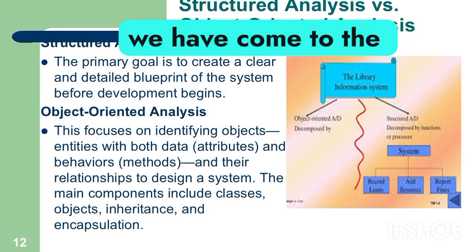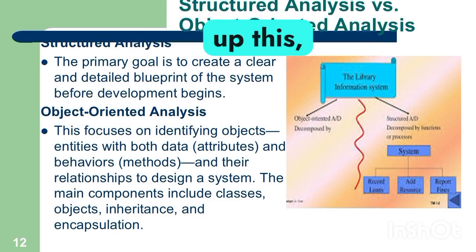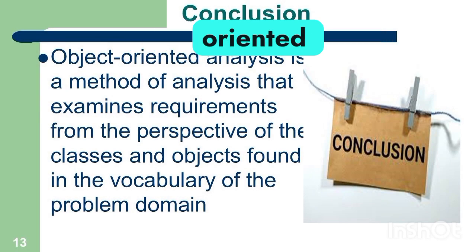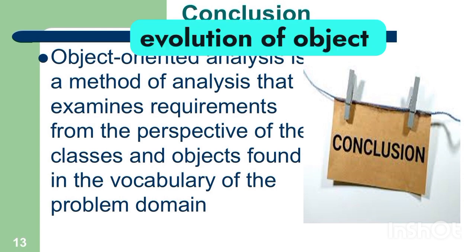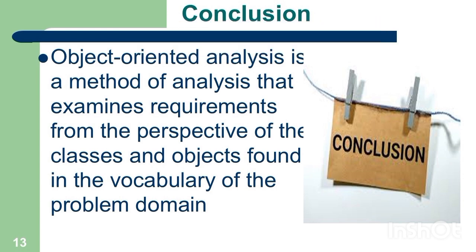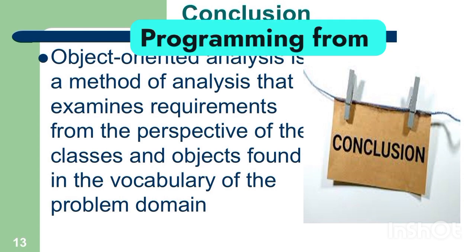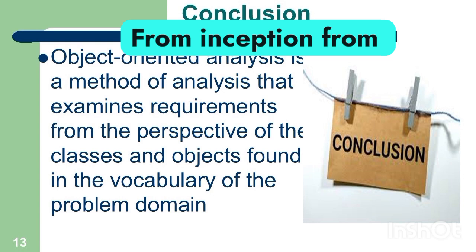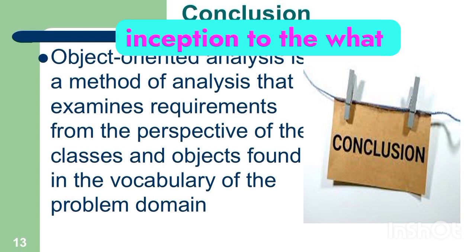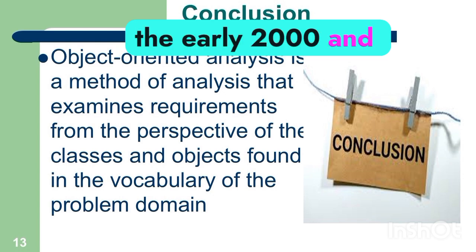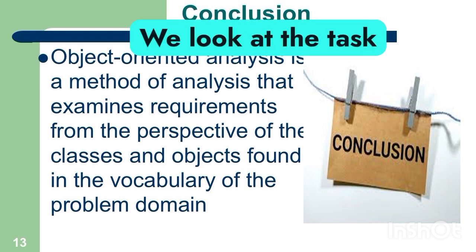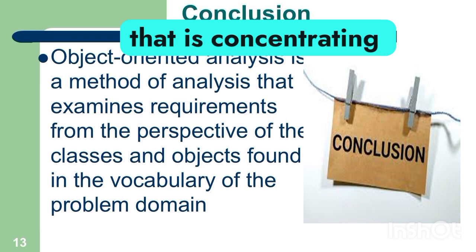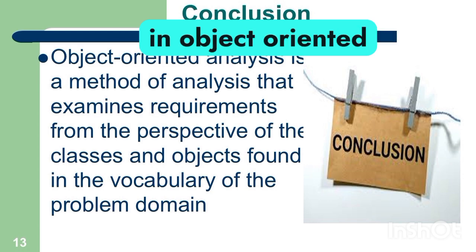With this, we have come to the end of this. Before we wrap up, remember we are dealing with object-oriented programming, where we look at the evolution of object-oriented programming, from inception to the early 2000s and beyond. We also look at object-oriented analysis. We look at the primary tasks in object-oriented analysis.